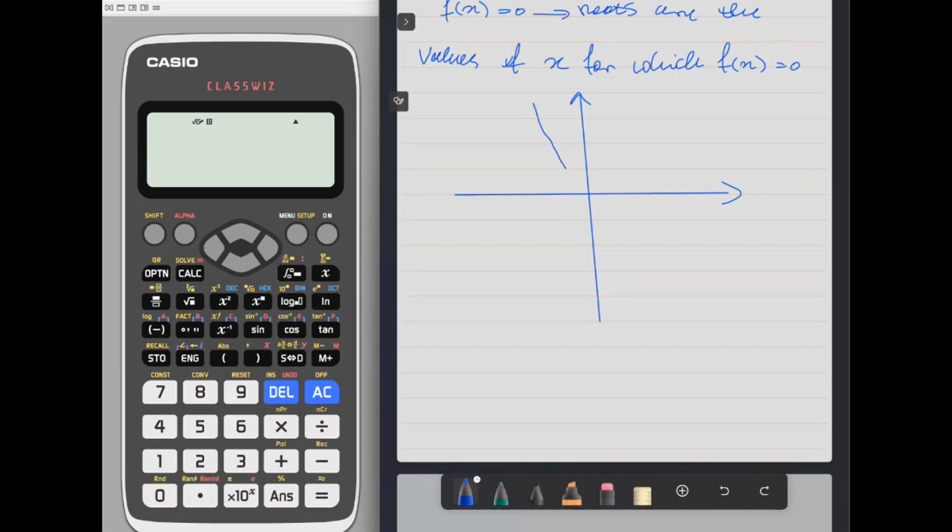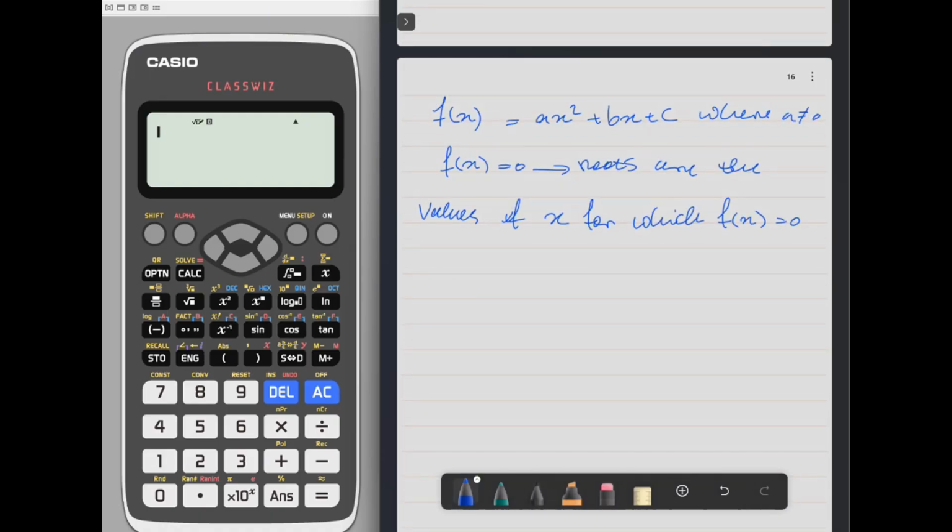I have this one as well, where it touches the x-axis at one point. It doesn't intersect it twice. I also can have this one that doesn't have anything to do with the x-axis. Here it is the x-axis, right? So in each of these cases, they all go back to the discriminant, guys.